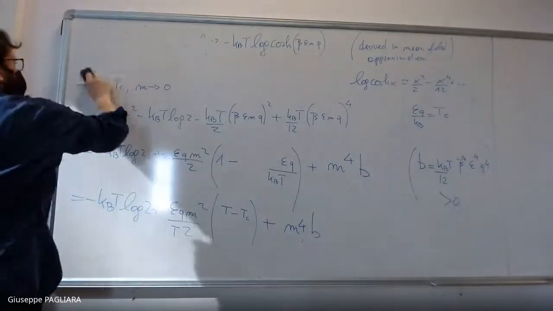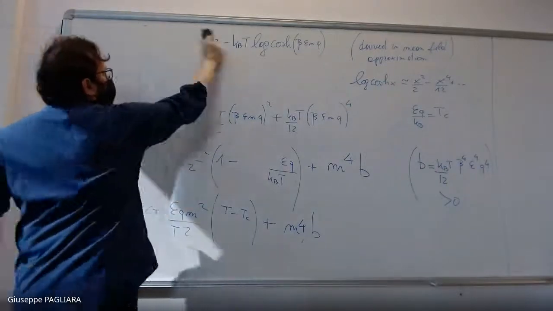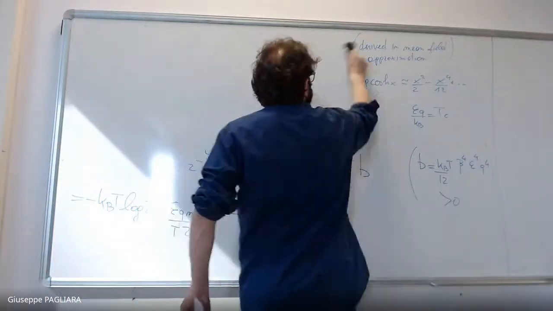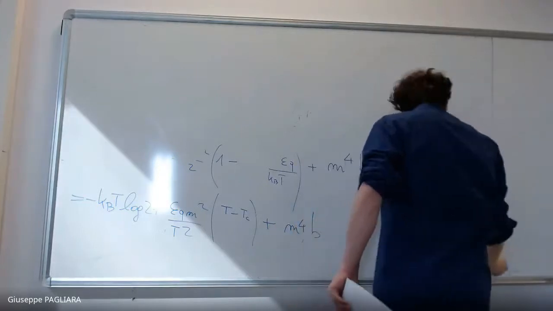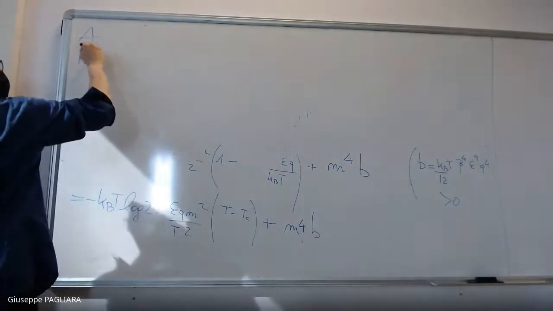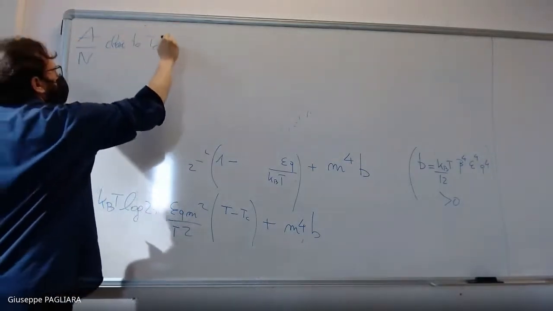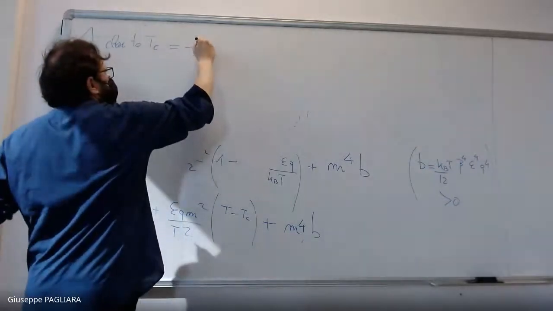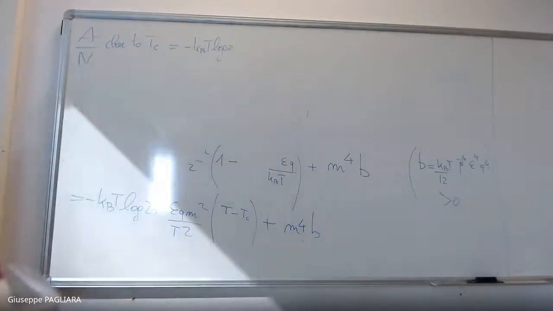Therefore, the expression that we have for this behavior of A close to Tc is the following. So A divided by n close to Tc is equal to, okay, this term, which is just a constant at fixed temperature. It's not important.